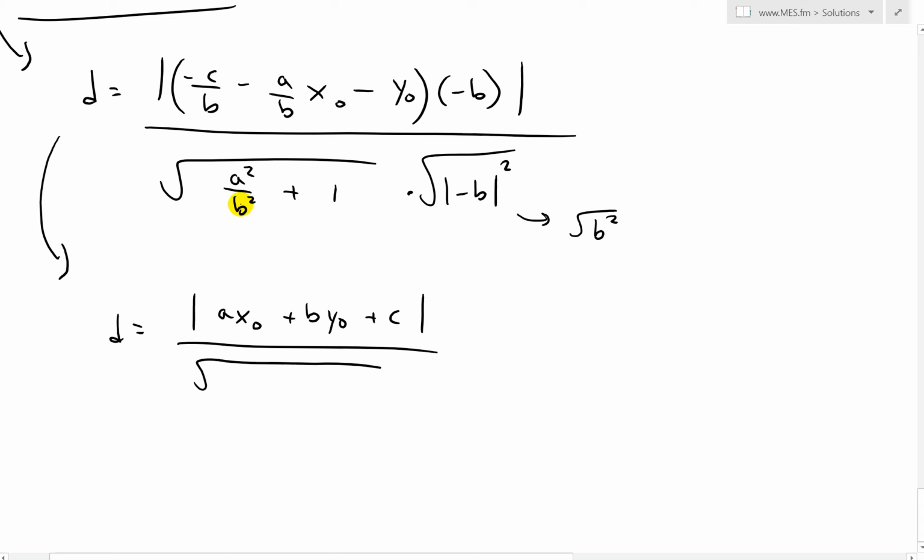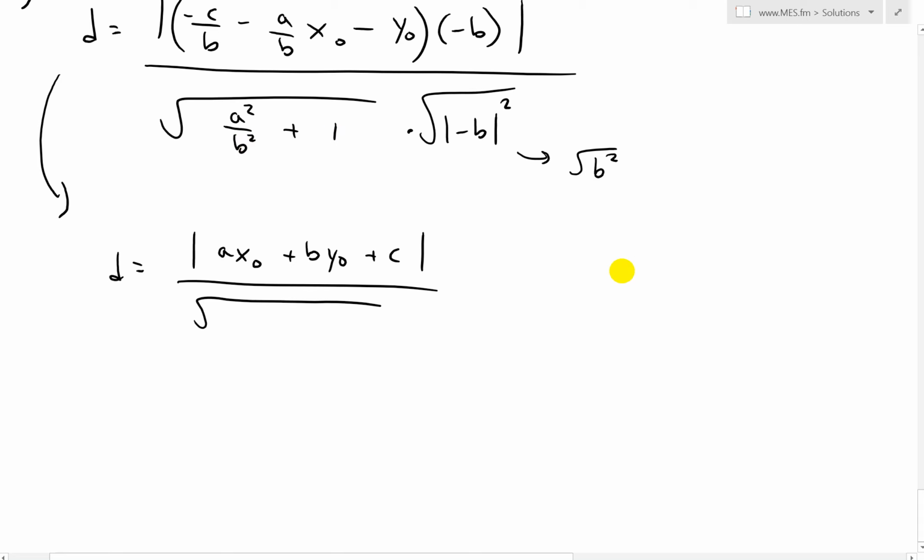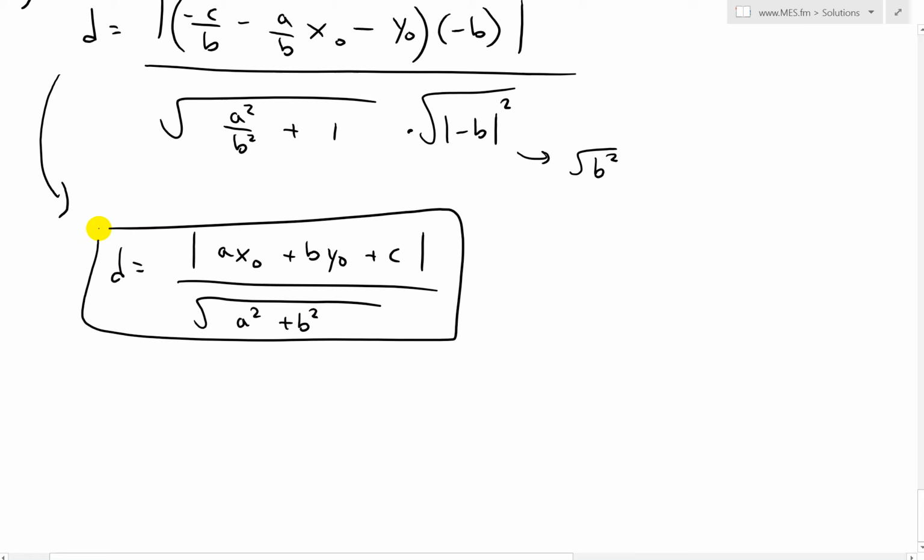Now the b squareds cancel, we get a b squared there because we have a square root over there. So we can put that inside. We get an a squared plus b squared, and there is the formula exactly as in my earlier videos using the algebraic or geometric proofs.